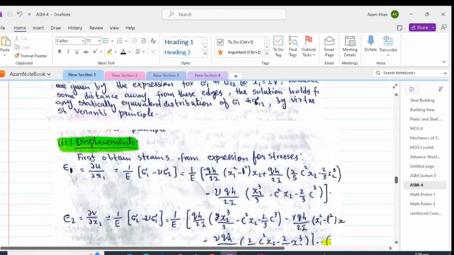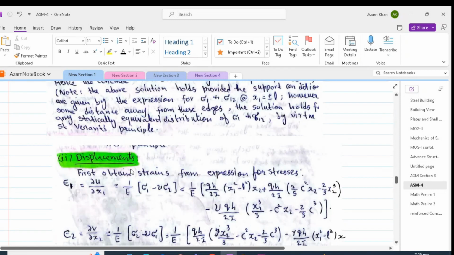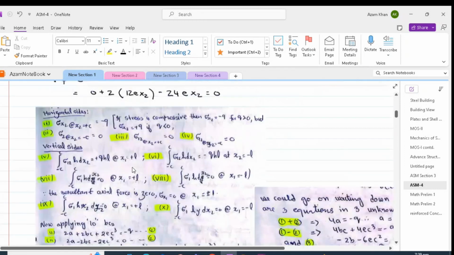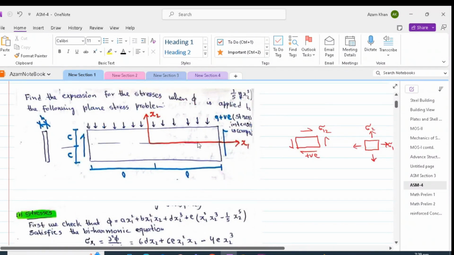As we know, strain 1 is equal to partial u by partial x1, where u is the displacement in the x1 direction, remembering that x1 is horizontal and x2 is the vertical axis. So u is the displacement along the x1 direction and v is the displacement along the x2 direction.